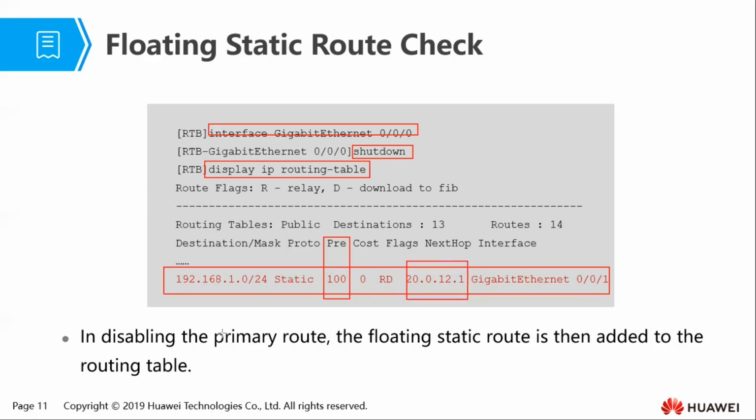So the one that is forwarding data is called the primary route. Then the one that is acting as backup is known as the floating static route. So when the primary route goes down, then the floating static route picks up.